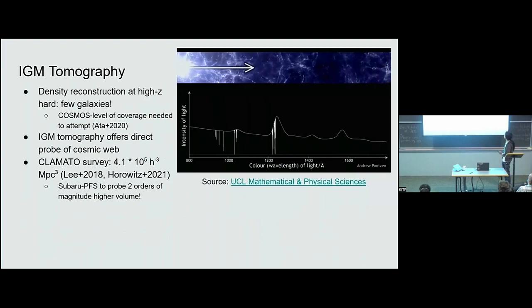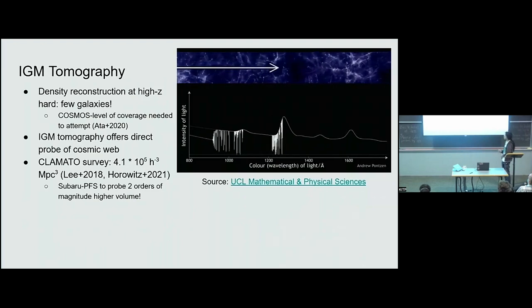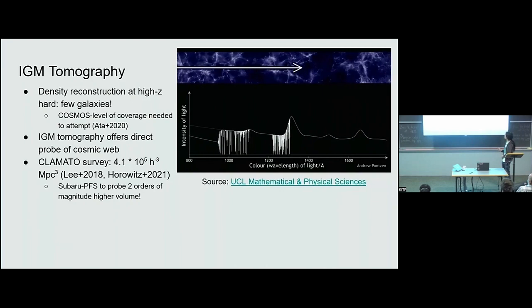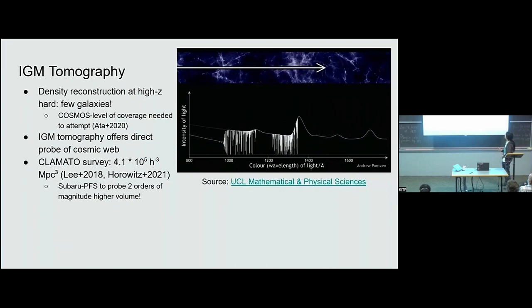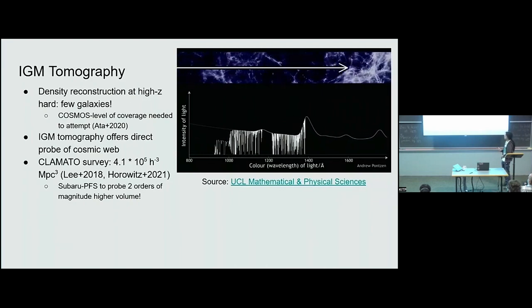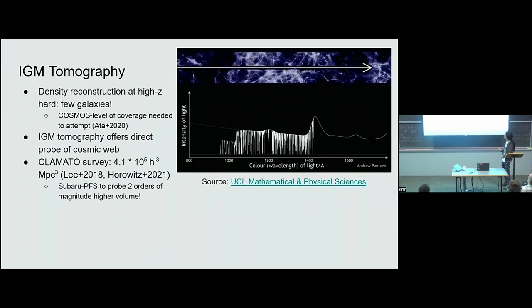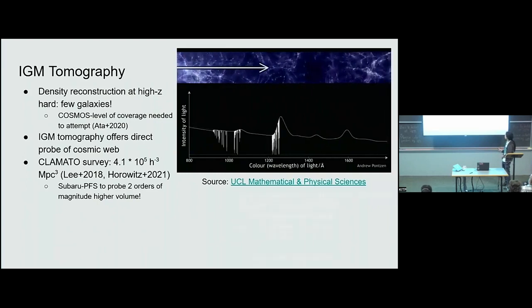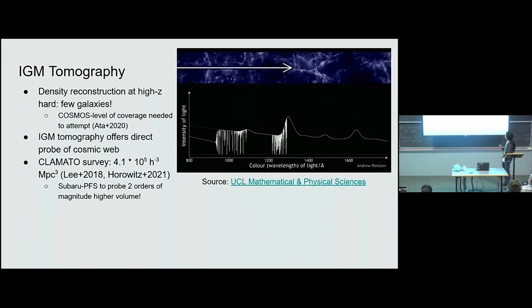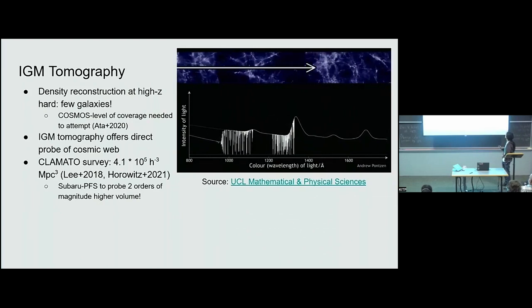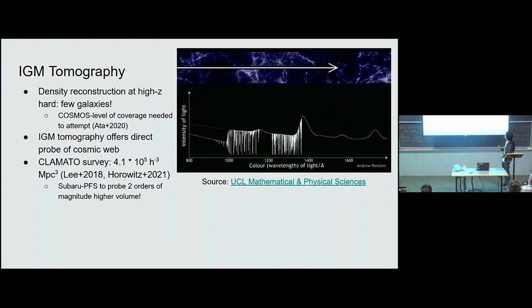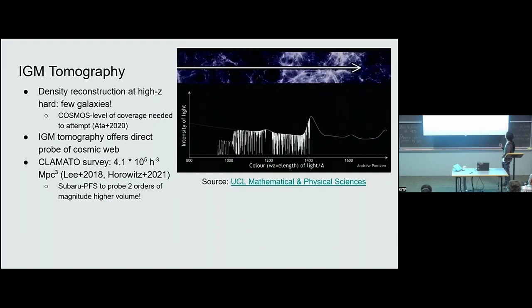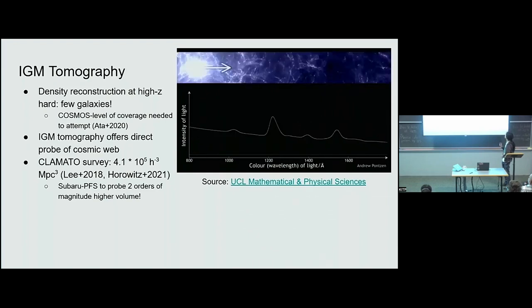So just super quick words about IGM tomography. Ben Horowitz gave a really good overview of this in his talk. But the gist of it is that since density reconstruction conventionally from galaxies is really hard at redshift 2, we need IGM tomography, where the Lyman alpha forest traces the density of neutral hydrogen coming at us along this skewer from a background object, usually an LBG or a quasar.